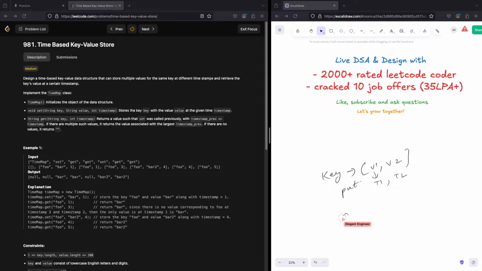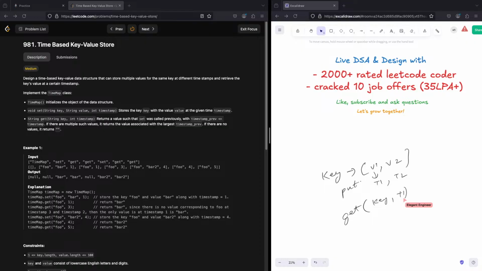In get you pass two things, a key and its timestamp. It returns the value such that set was previously called. Basically, the last value that you need to give.